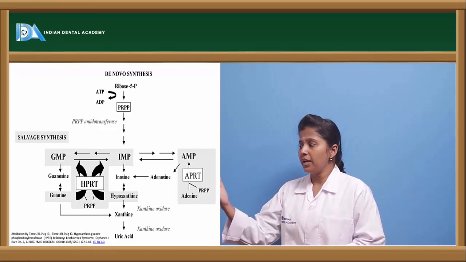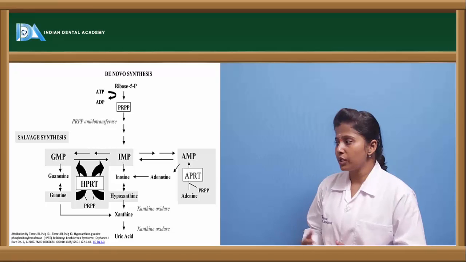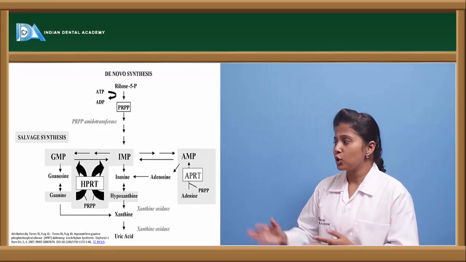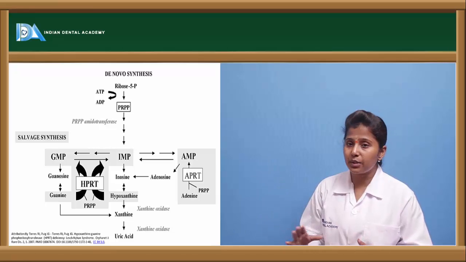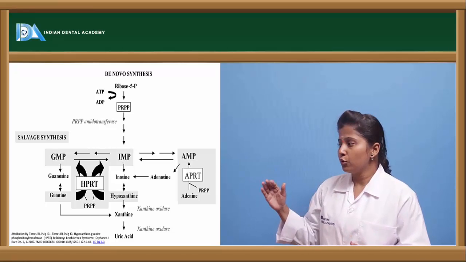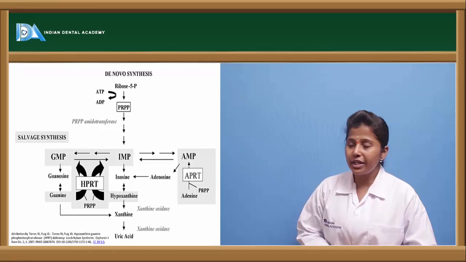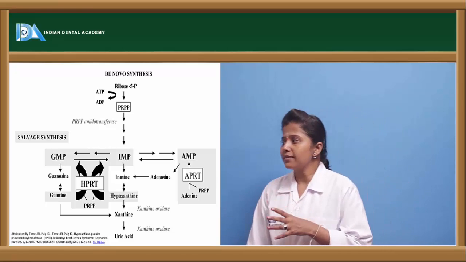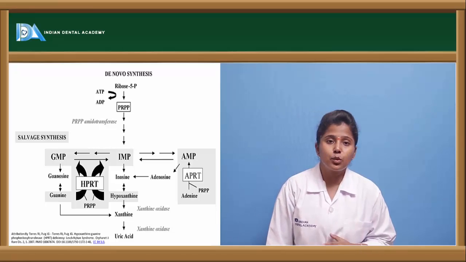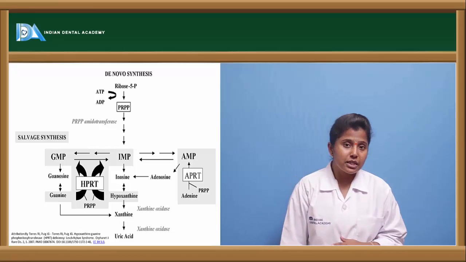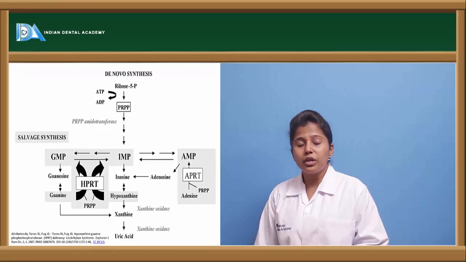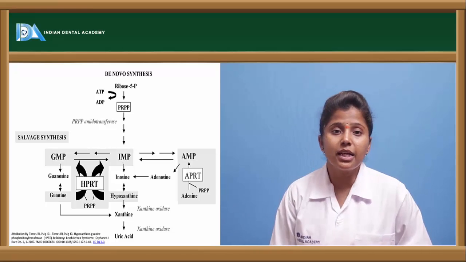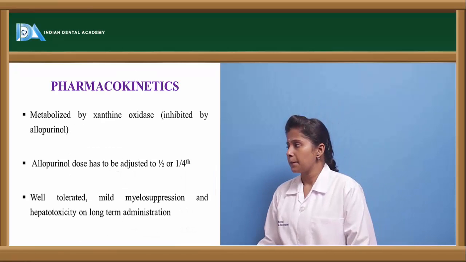Guanosine is converted into guanine, and this guanine is converted to xanthine. Finally, through all these pathways xanthine is formed, and through this xanthine, uric acid is formed with the help of an enzyme called xanthine oxidase. This is one of the de novo synthesis pathways which aids in the synthesis. These purine antagonists inhibit this mechanism, thereby preventing the synthesis.